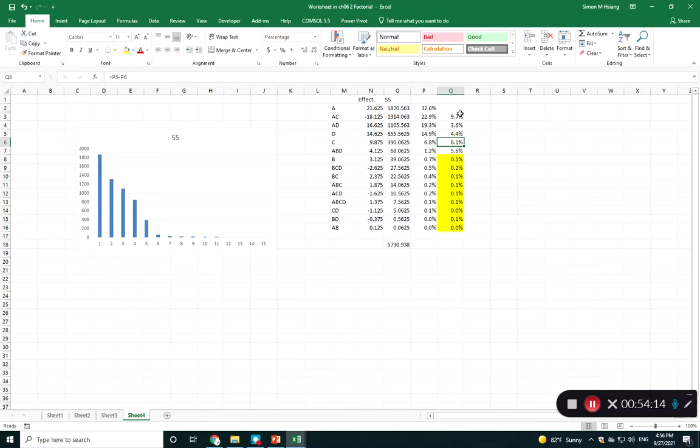And the other thing I can do is the following. People look at here. This is a very, very crucial point to talk about. A effect is the most significant main effect, agree? So if A effect is significant, AC effect is significant, AD effect is significant, what does that mean?